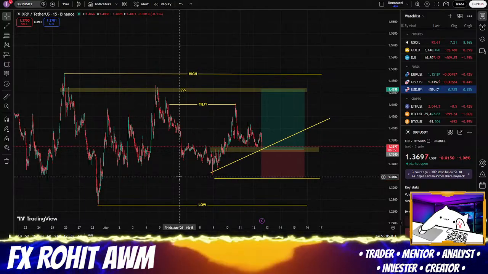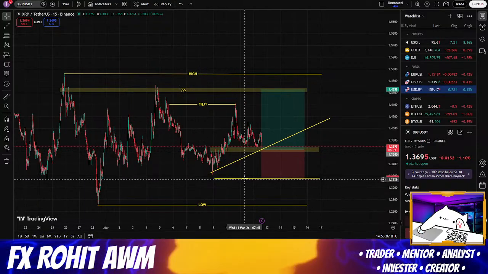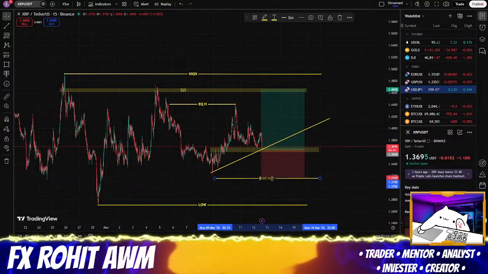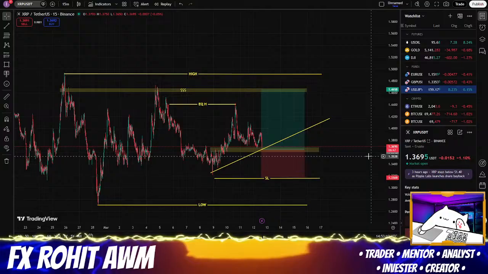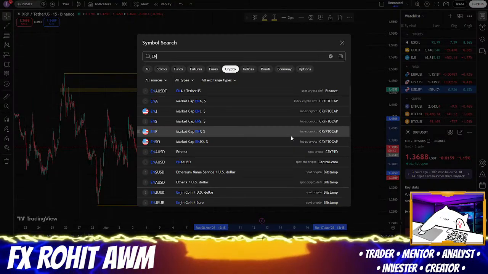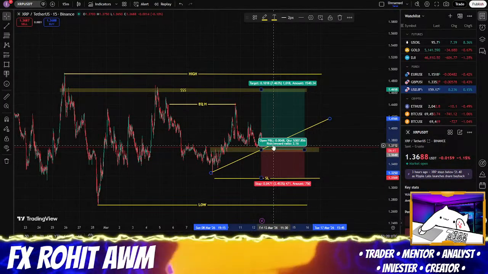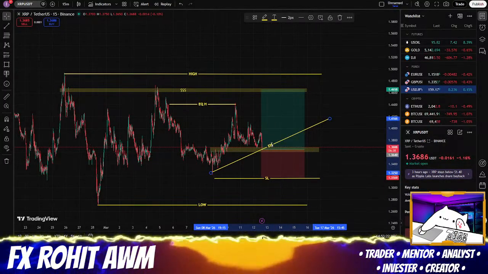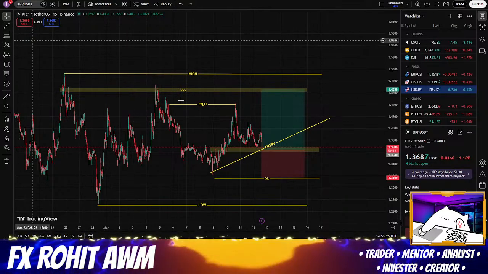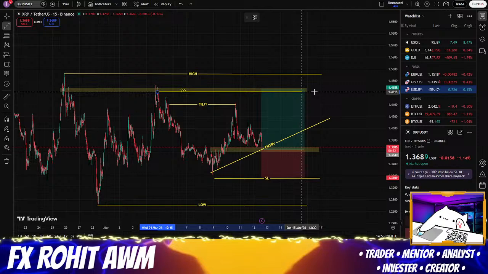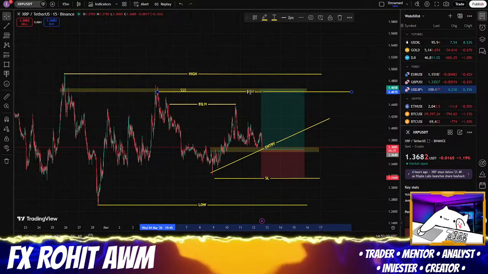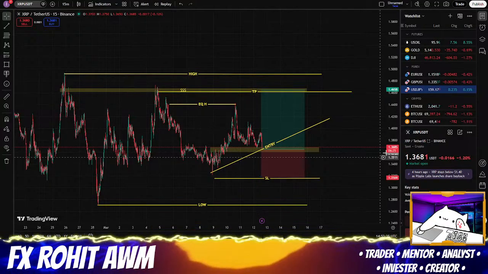So as per this entry, guys, we will be very safe here. So this is our SL zone, guys, and this is our entry. And this is our TP. Okay.